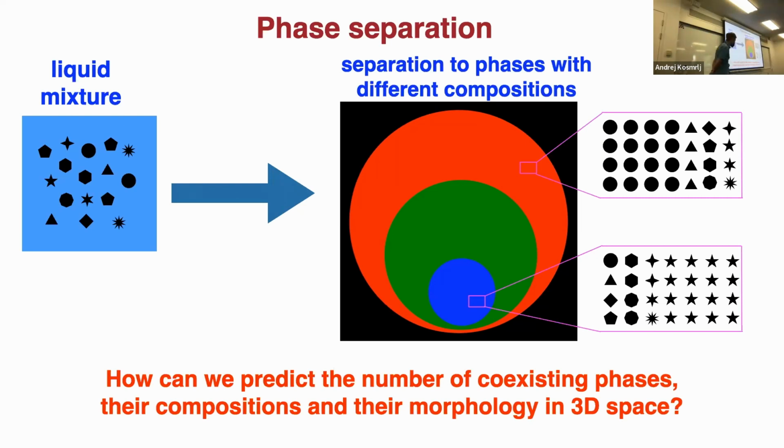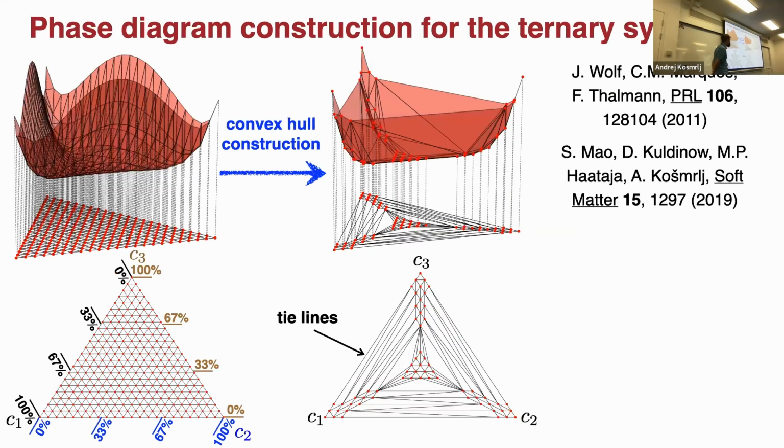Okay. So first, in two slides, I'll mention an algorithm that we developed for constructing phase diagrams by convexifying the free energy. This algorithm was inspired by Carlos Marques and Fabrice Thalmann's group in this PRL paper from 2011, which was designed for ternary systems, but I'll tell you how we generalize this to more than 3 components, right? The idea is the following.